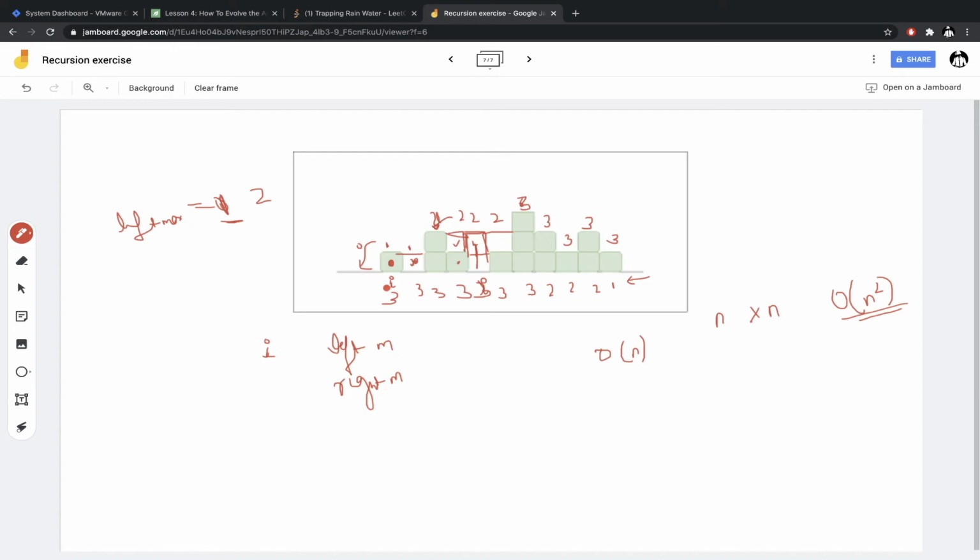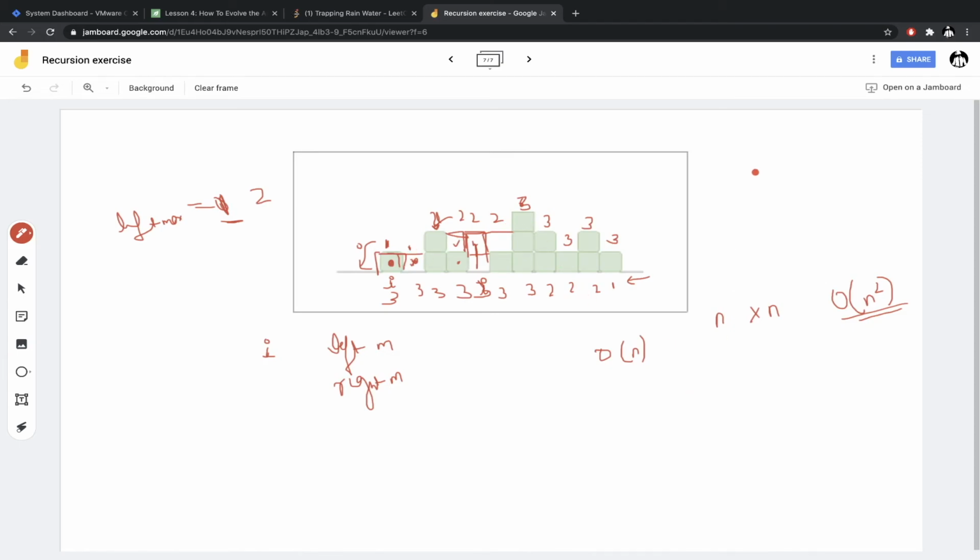And then for each element we can traverse once again and subtract the values. We have to find the minimum of 1 and 3 and then subtract the height. This is 3 and this is 1, so the minimum of these is 1, so no water can be stored here. Similarly we can do for the rest.